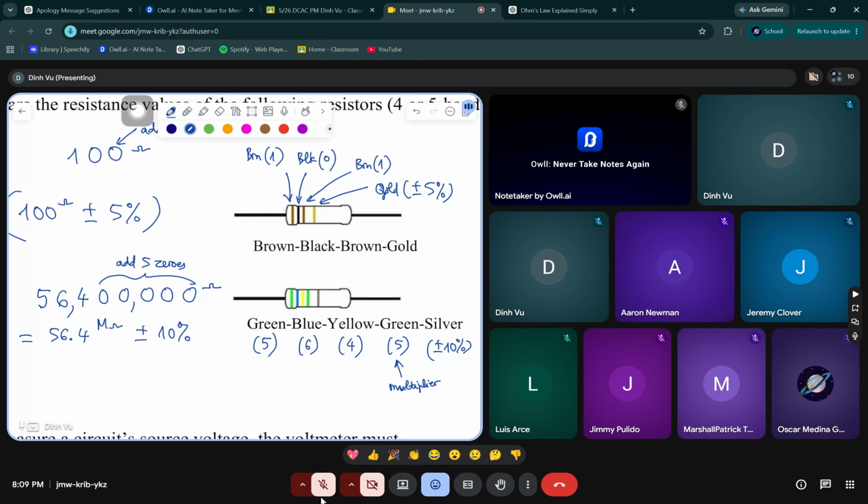Or if you like to write in kilo ohms, how many kilo ohms is this? 56,400 kilo ohms plus or minus 10%. Okay? Any question?